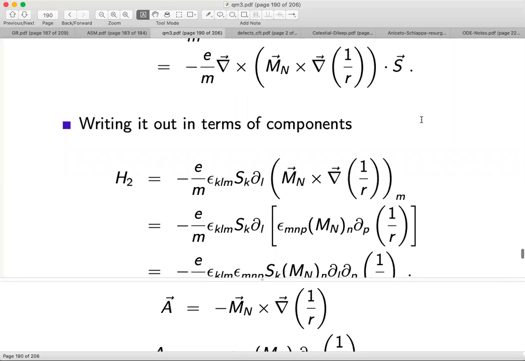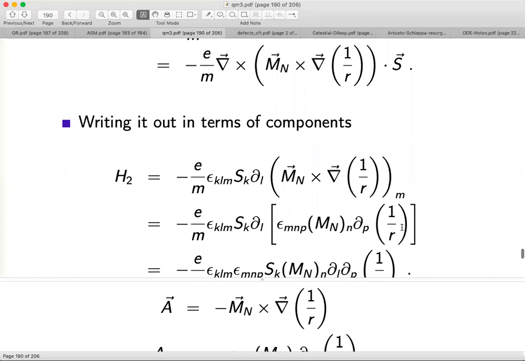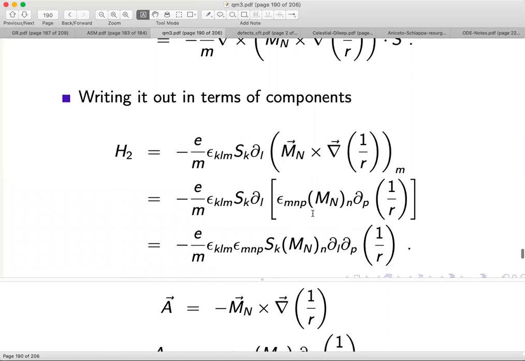Fine. Now let's open the cross product inside the bracket. It has to have an index m hanging around; the rest of the indices should be summed. So it is epsilon m n p, where mn carries index n and this object carries index p, so this is del p of 1 over r. Now you can pull the epsilon out because this derivative is not going to act on it.